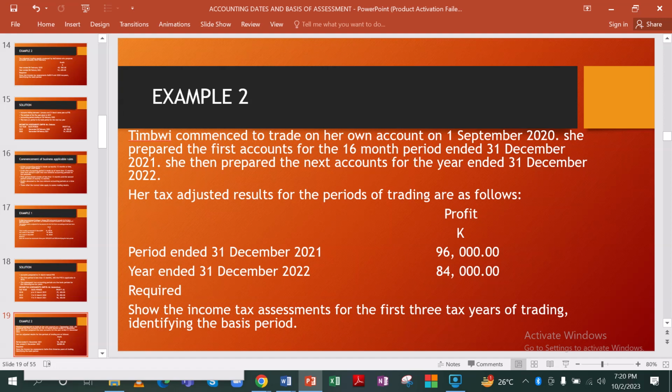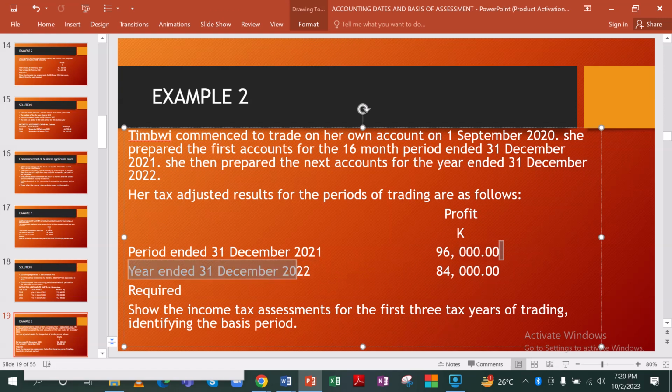So this first period of account, the 96,000, was earned over a 16-month period from 1st September 2020 all the way to 31st December 2021.